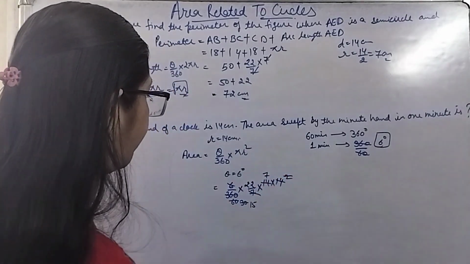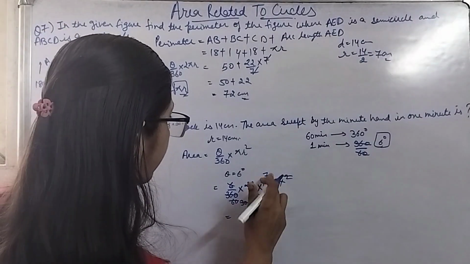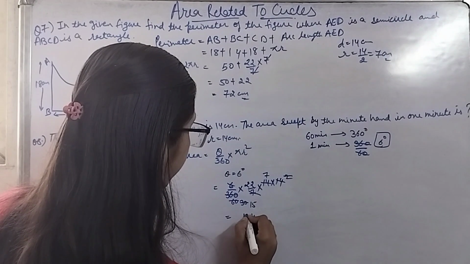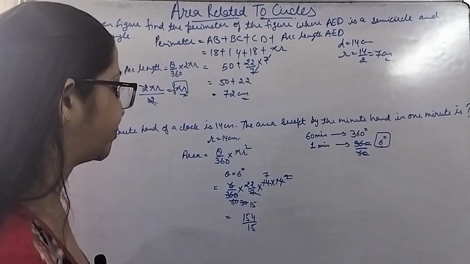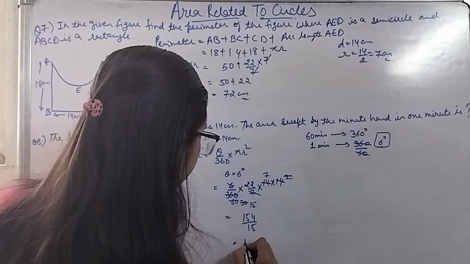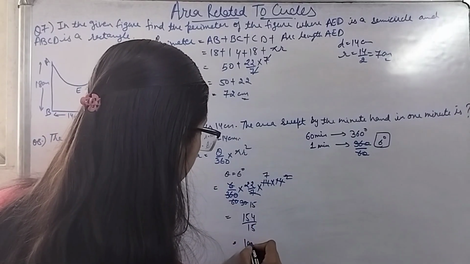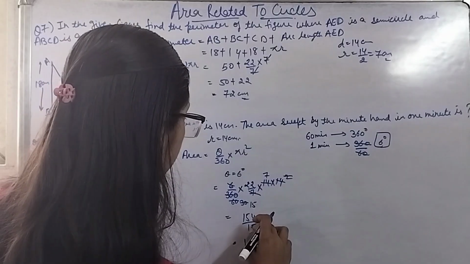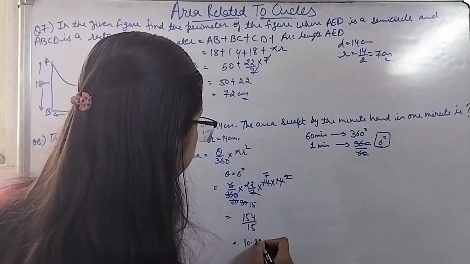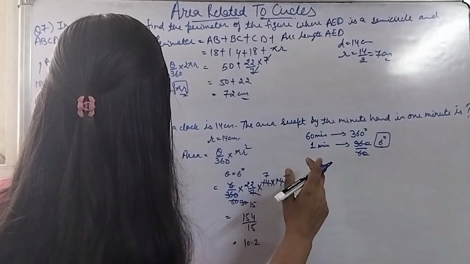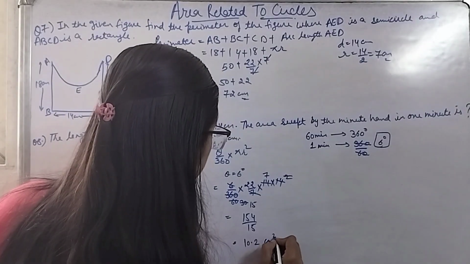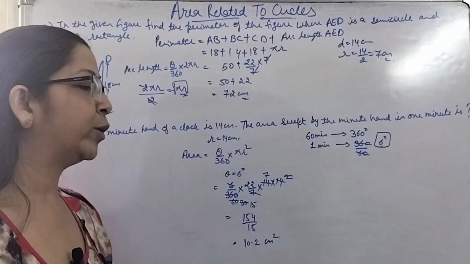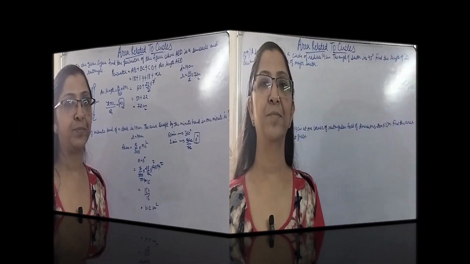Then it will be 22 multiplied by 7 2s are 14, so 154 divided by 15, which is about 10.2. The unit was centimeter, so it will be centimeter square. So the required area swept by the minute hand will be around 10.2 centimeter square.